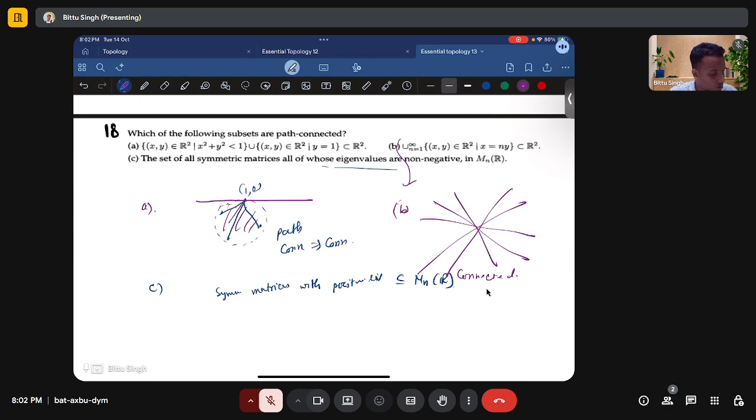Maybe you should give it a try. I don't know. Probably the answer is yes. So A is connected, B is connected, but I don't know about C. Probably this will be connected.